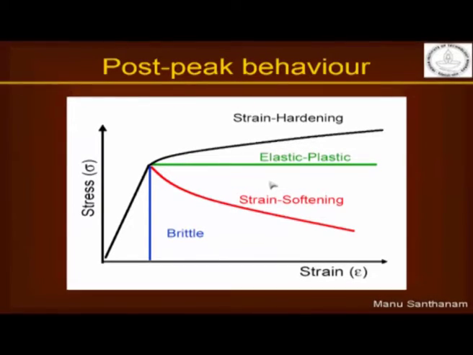So just to summarize this section on post peak behavior, in metals we come across the phenomenon called strain hardening, where after yielding and after the plastic deformation has happened, the material actually undergoes an increase in stress with increasing strain. That is called strain hardening.